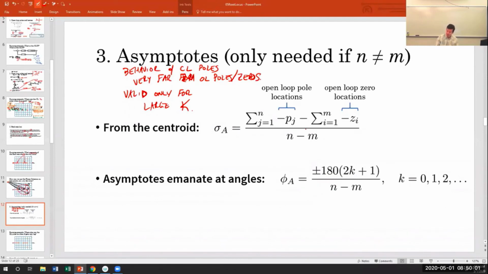So the asymptotes are drawn as straight lines because, as we saw, as you go further and further away, all of these vectors will point in a single direction. The straight lines are drawn rooted at what is called the centroid, or sometimes called the center of mass.